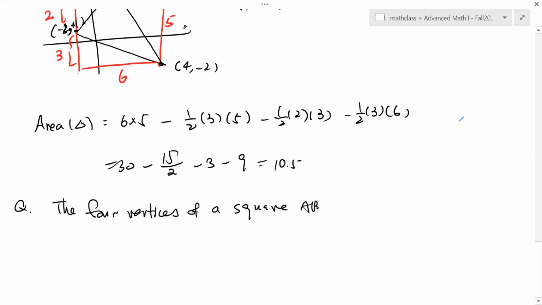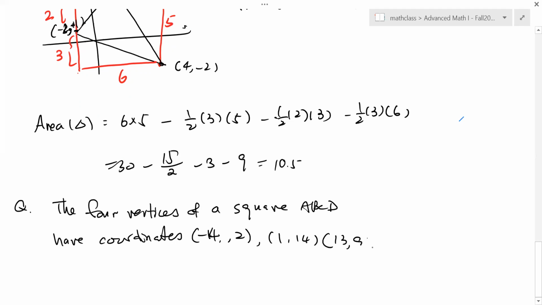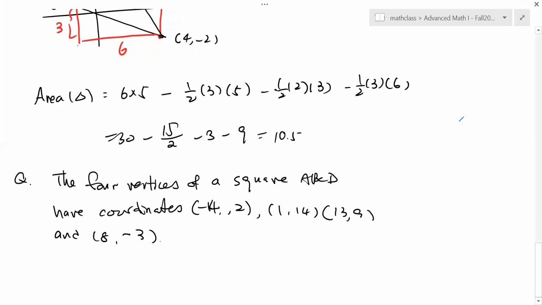Given square A, B, C, D, have coordinates -4, 2, 1 and 14, and 13, 9, and 8, -3. Right, find the area of the square.